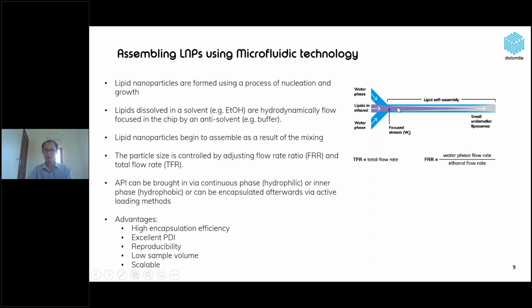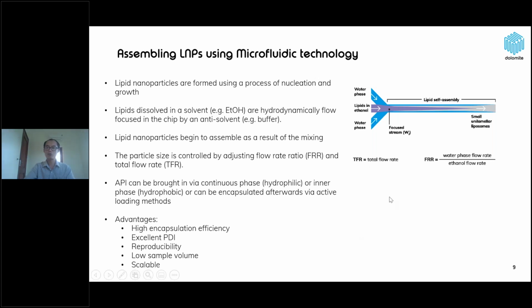The lipid nanoparticles begin to assemble as a result of the mixing, and are believed to form at the interface of the two streams and are flushed out by the continuous stream. The particle size of the nanoparticles is controlled by changing the flow rate ratio and total flow rate.